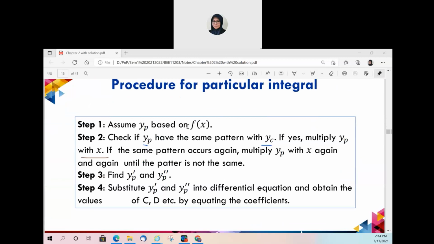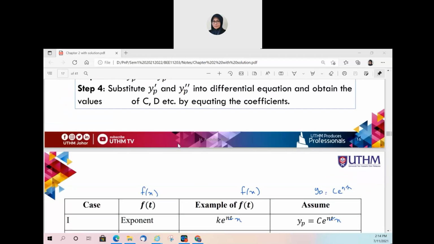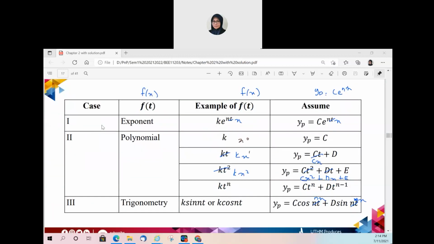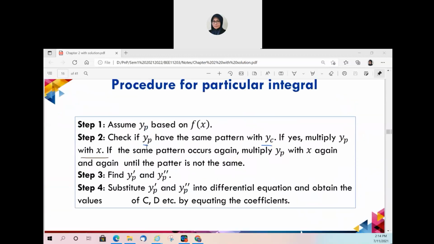Once you assume yp based on f(x), you have to refer to this table. Then you have to check whether yp has the same pattern as yc or not. If the pattern of yp and yc is the same, you have to multiply yp by x. Awak kena darabkan yp dengan x.